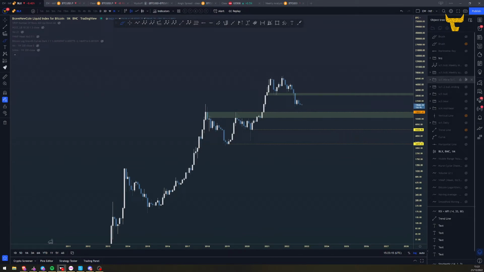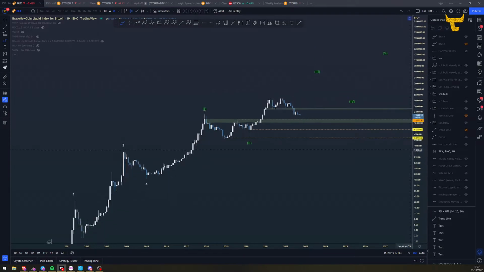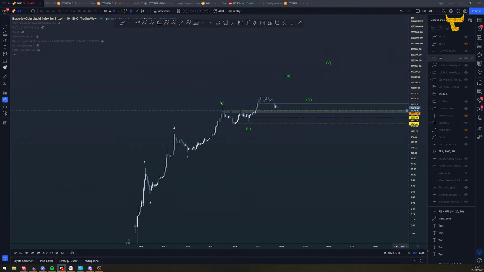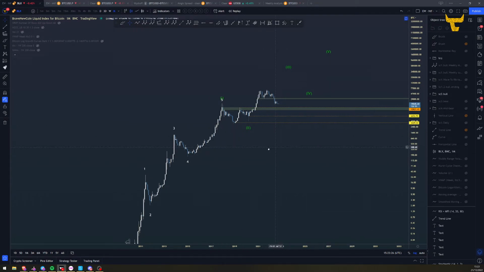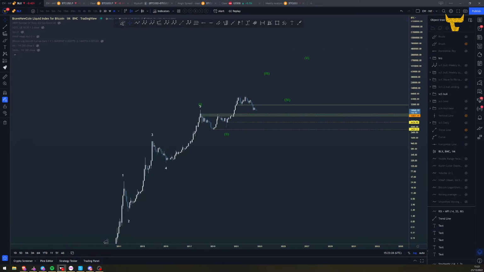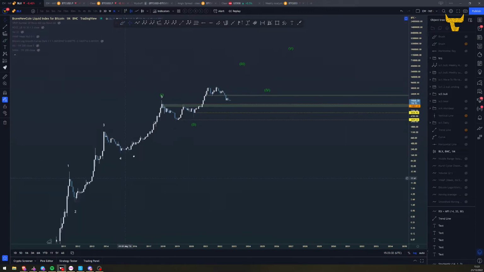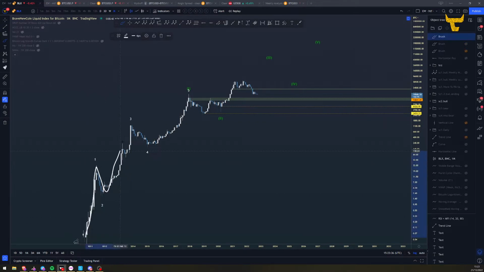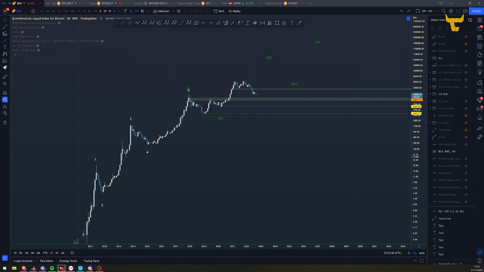And here you see how that could be. I have an alternative count here still, but I don't have a lot to say here, just to keep in mind the alternative 1, 2, 3, 4, 5 that could work as well.